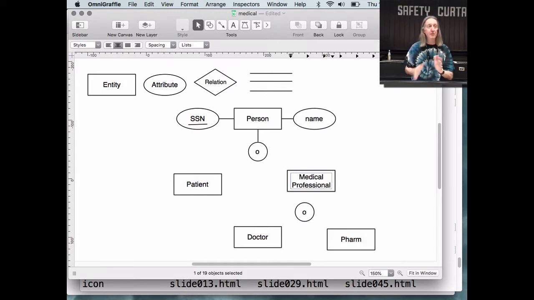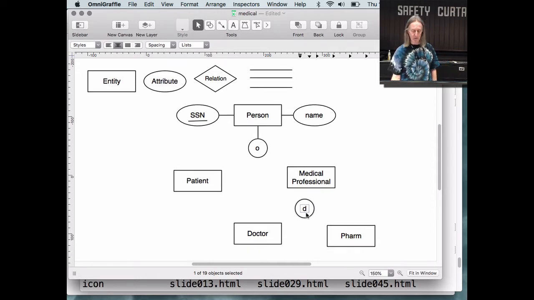Okay? So two different subclasses of person, and under medical professionals we've now got disjoint subclass. So you're either a doctor or you're a pharmacist, but you can't be both. However, anyone who's a person, which is basically anyone, could be a patient or they could be a medical professional.